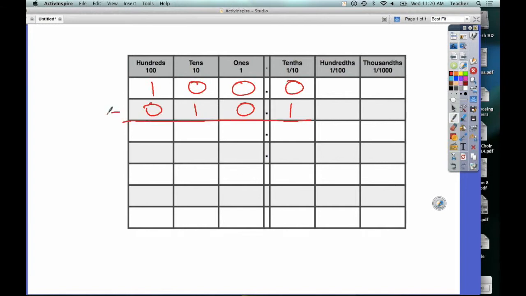0 minus 1. Can I do that? Can I do 0 minus 1? What do I need to do? You need to borrow. You need to borrow.